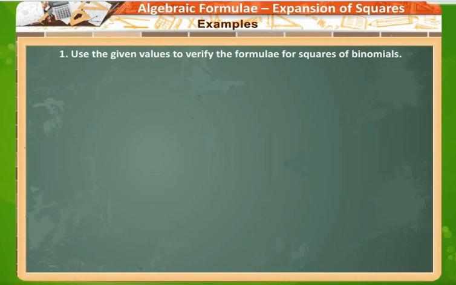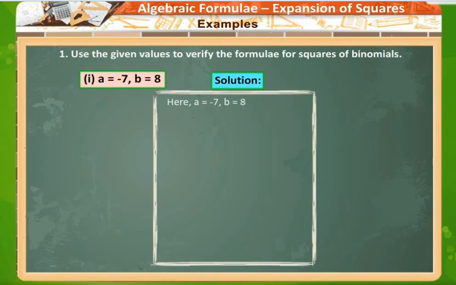Now, using these formulas, we are going to verify the formula for squares of a binomial. Let's see some examples. A is equal to minus 7 and b is equal to 8. Now the values are given to you.